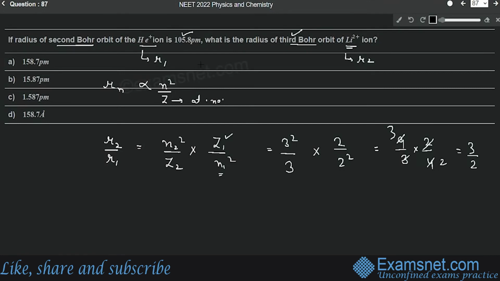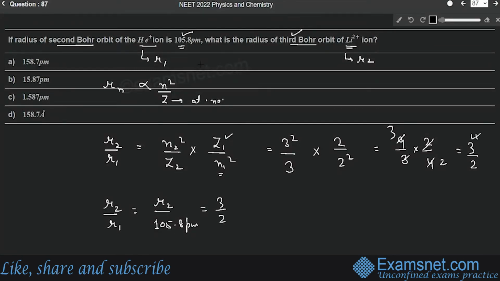Got it? Now it is also given that the radius of second Bohr orbit of helium plus is 105.8, that means R1 is given. So R2 by R1 will be equal to what? R2 is unknown, R1 is given as 105.8 picometer, and that is equal to 3 by 2.